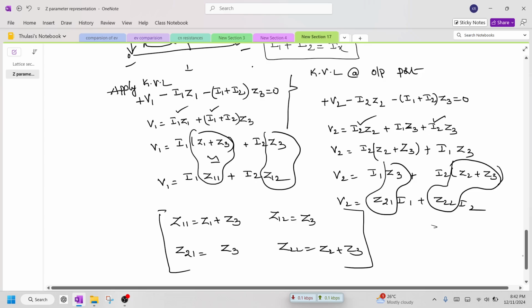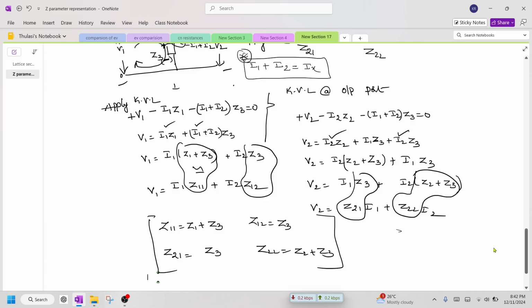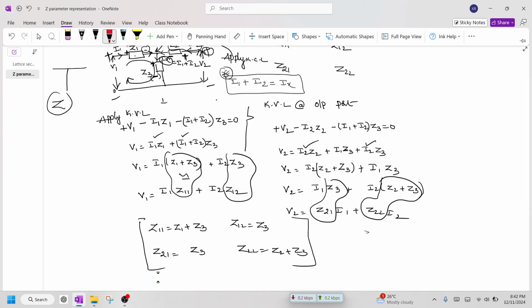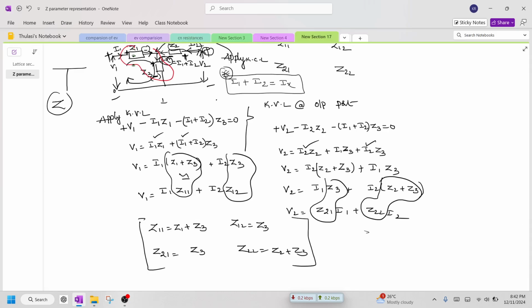How to understand this kind of equation is very simple. When you see a T network given and asked to find Z parameters, it's very simple. Z11 is the sum of series branch plus shunt branch, which is Z1 plus Z3. And the reverse transfer impedance is nothing but only the shunt value, Z3.